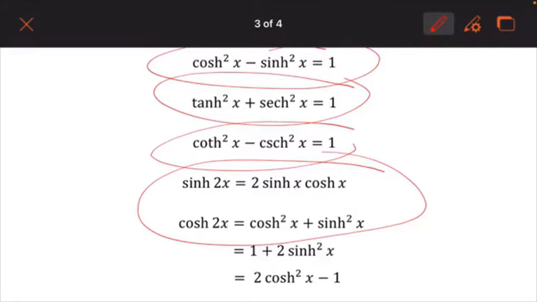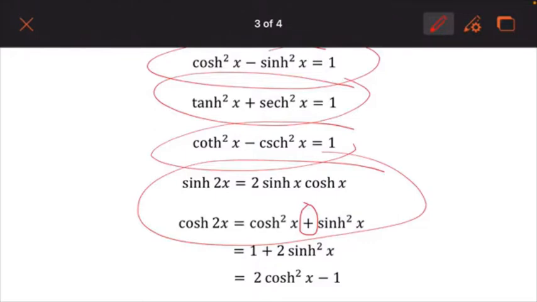But the double angle for hyperbolic cosine is equal to hyperbolic cosine squared of x plus hyperbolic sine squared of x. So notice the difference with the double angle identity for cosine in the trigonometric function, where cosine 2x is equal to cosine squared x minus sine squared x.